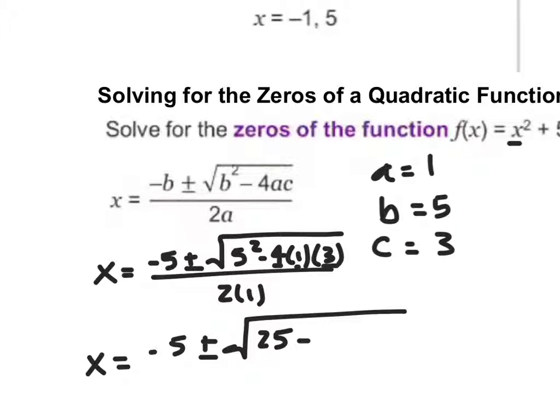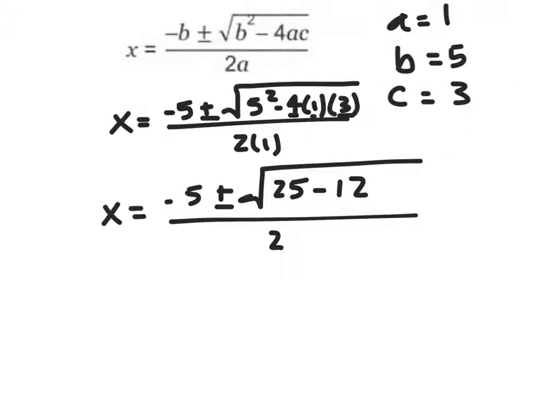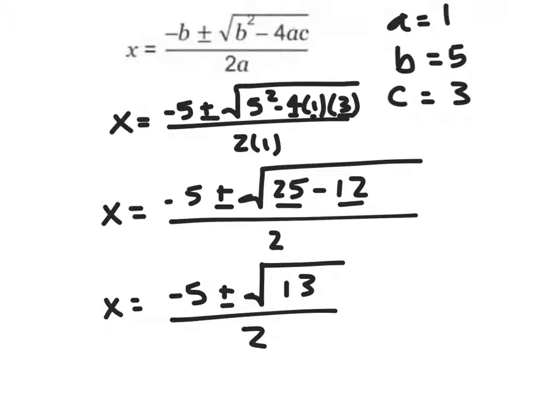Because I have a negative number here multiplied by two positive numbers, the sign is going to stay negative. So we're going to have minus 12, and then this is all over 2. Now 25 minus 12 gives us 13, all over 2.